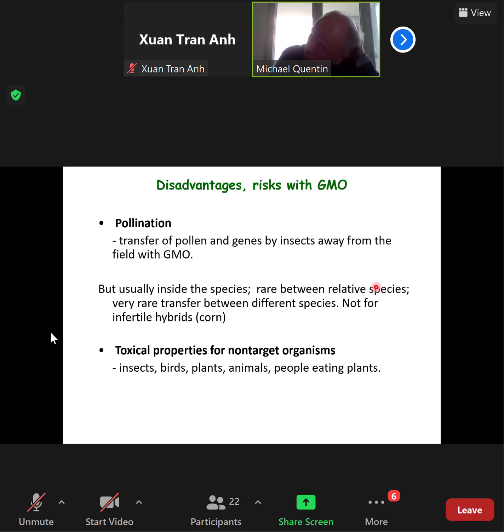Why do we choose not to grow GMO in the field? Because we don't know what the risk with GMO may be, and we think that there is a risk of dissemination of the genes into the environment through pollen, via insects, and so on.